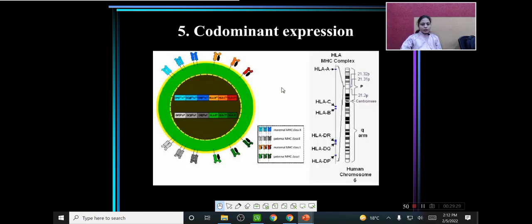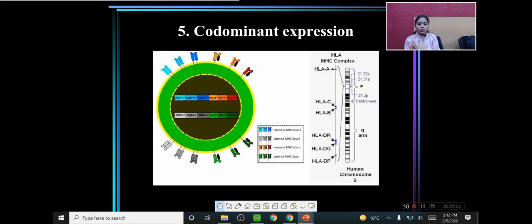Now, codominant expression. Codominant expression means both alleles are expressed at the same rate in the same individual at the same moment, right? Like in blood groups, A and B both present their qualities equally.